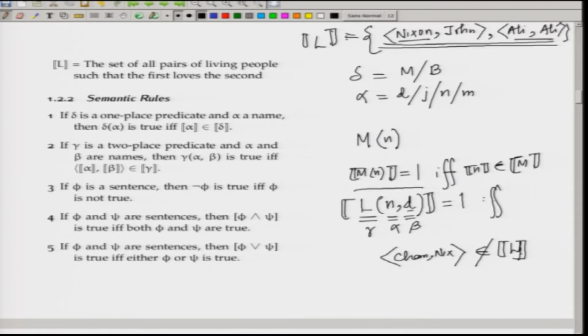Once again, D is Richard Nixon. So, the point is, if the pair belonged to the set, then it would be true. But because it does not belong to the set, the truth value of this sentence will be 0. The same applies to other sentences.